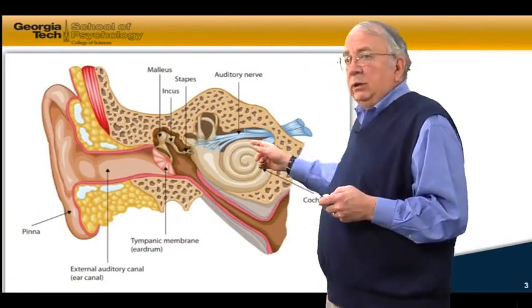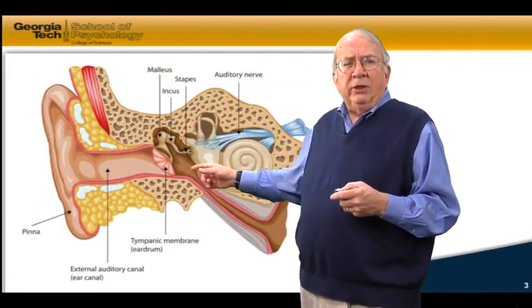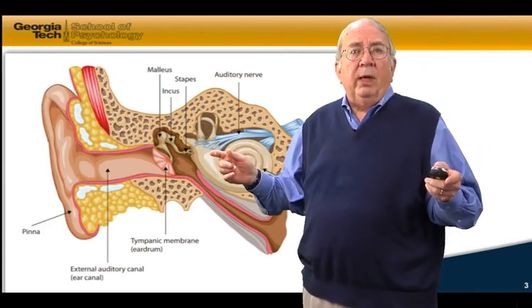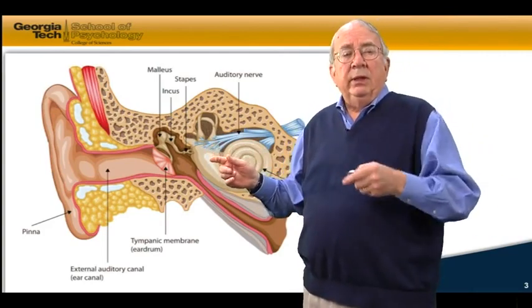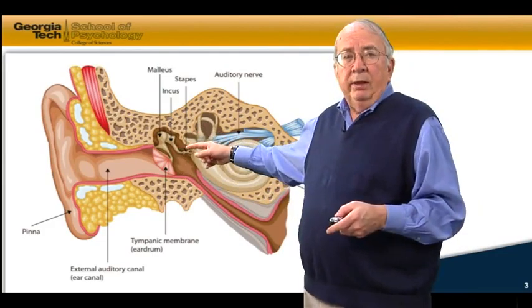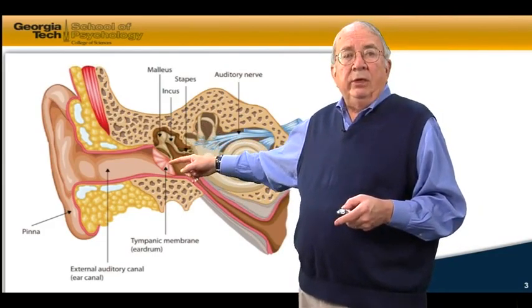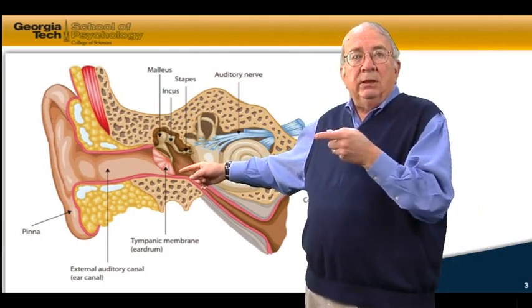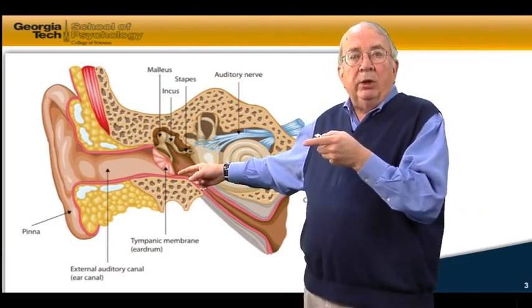This is the ear, of course, and it's where audition occurs. The stimulus for hearing, obviously, is sound pressure waves, or air pressure waves, that come into the outer ear and travel to the tympanic membrane, or the eardrum, and cause it to move and vibrate, simulating the sound pressure waves.